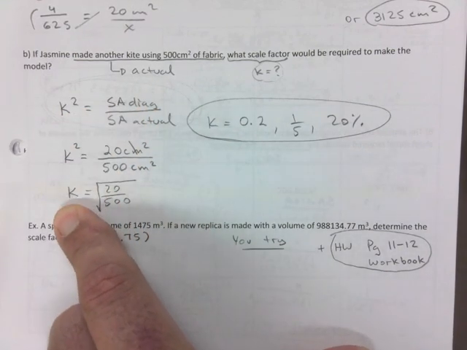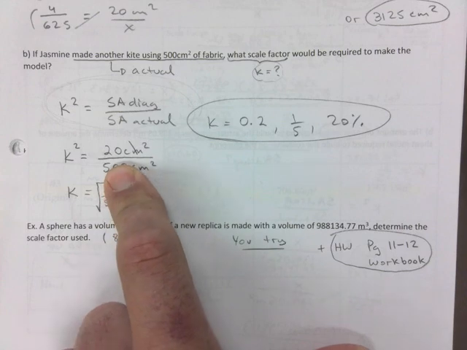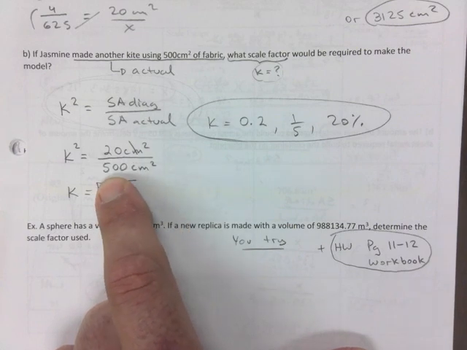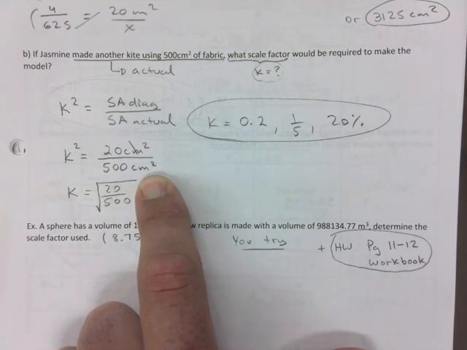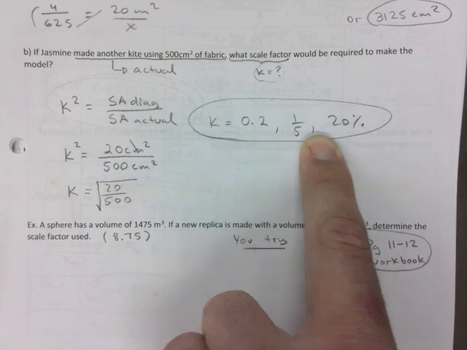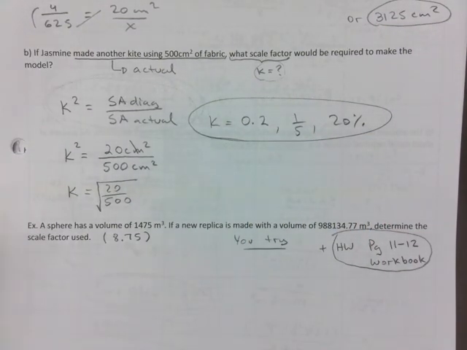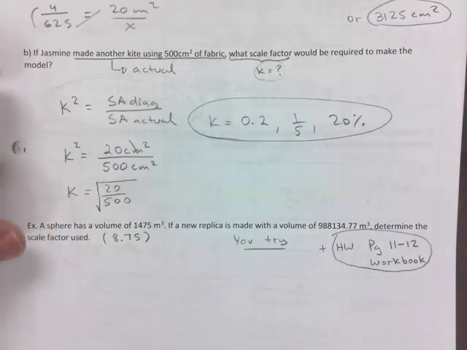We don't know the scale factor, so we just go 20 centimeters squared, that's the scale, the diagram, and 500 is the new actual. So that is the scale factor that was used for this particular model. And I think it's a little bit confusing because it goes back to making another one. So don't worry too much about this one.